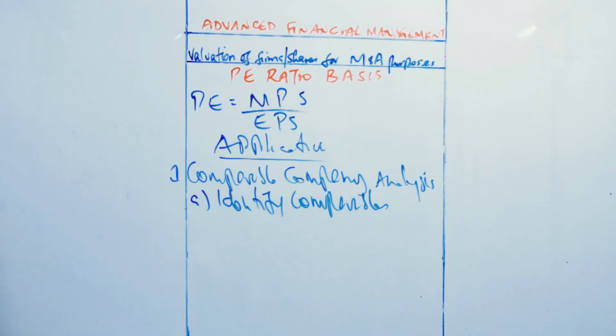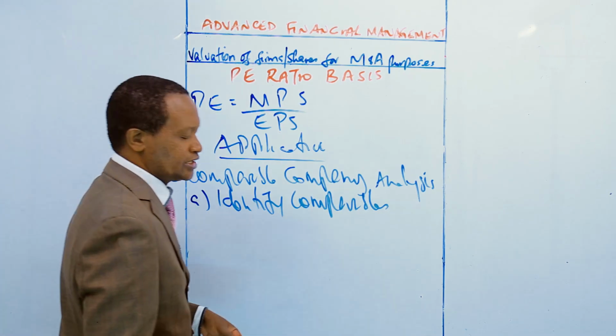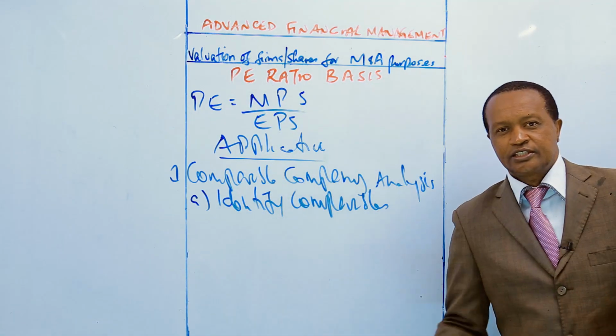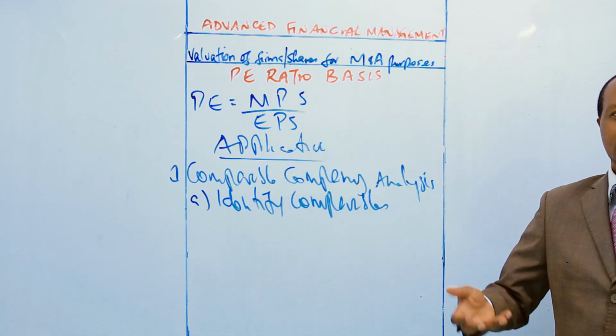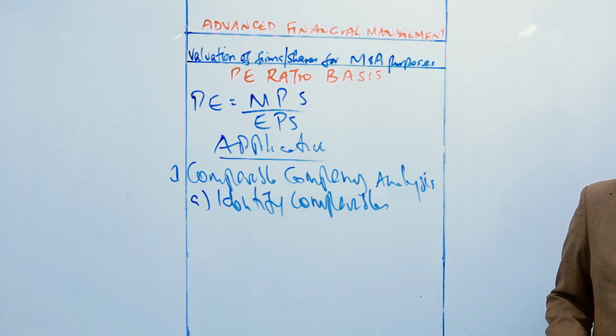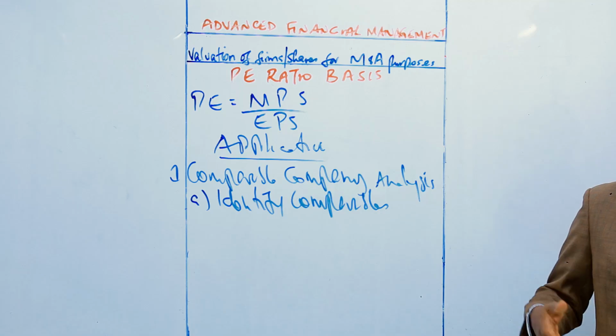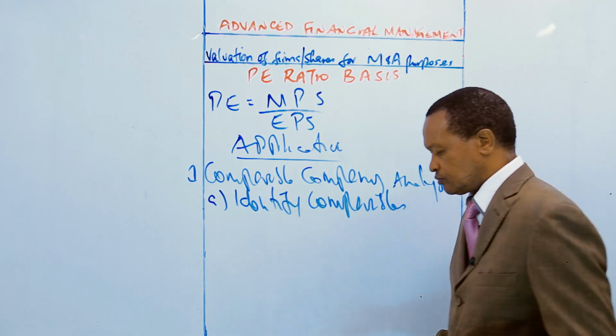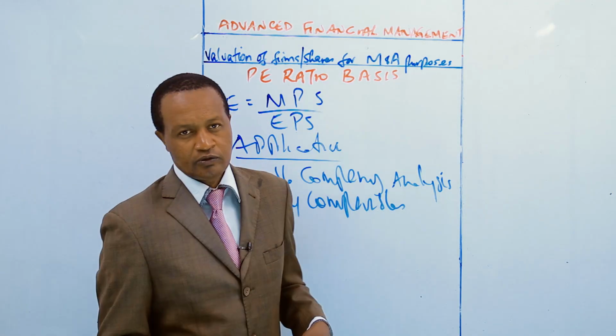The first step is to identify a group of publicly traded companies that are similar to the target company in terms of the industry, business model, size, growth prospects, and risk profile. These are often referred to as peer companies or comparables. You understand, candidates?